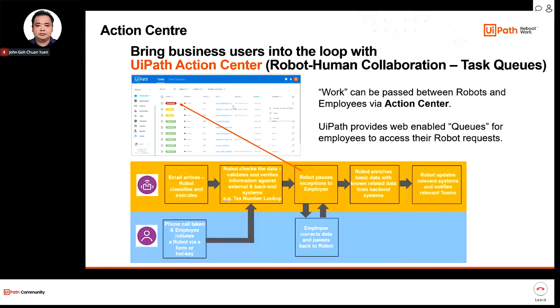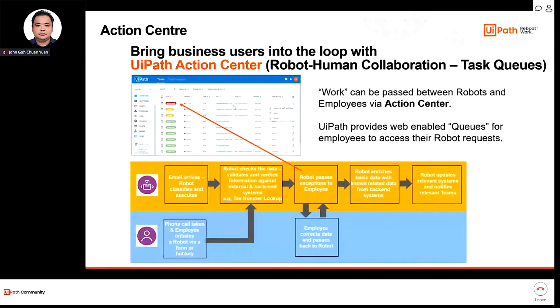So imagine when we talk about end-to-end automation, at the very first time we would say no human intervention, we talk about high volume, repetitive use cases.